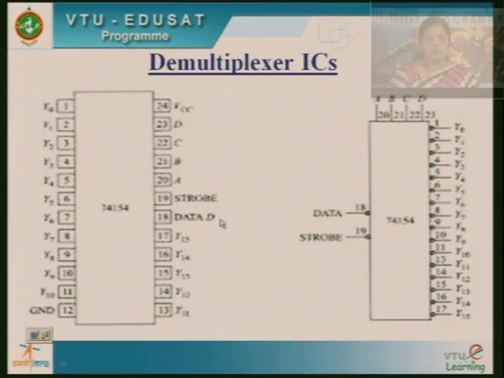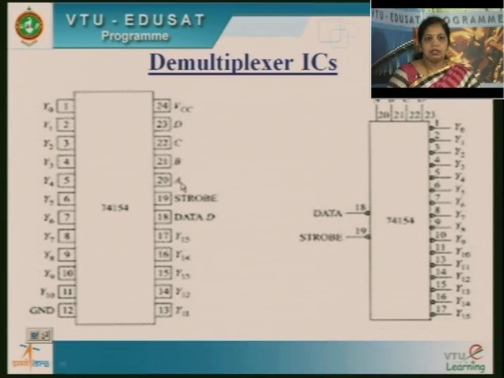We have a data input here, we have 4 control signals A, B, C, D, supply VCC, and ground. We have output lines Y0 to Y15. So it is nothing but a 1:16 demultiplexer IC. To select 16 signals, we have 4 selection lines.